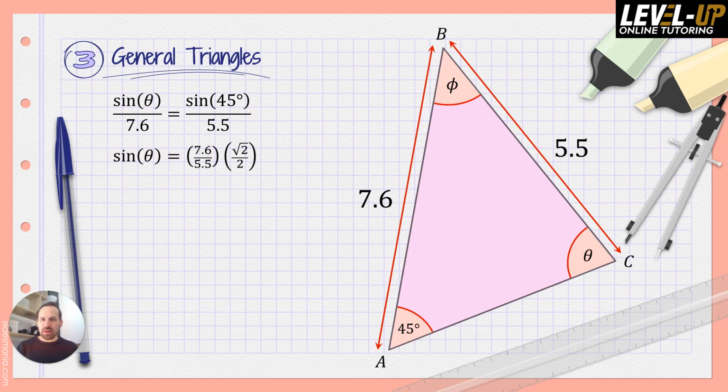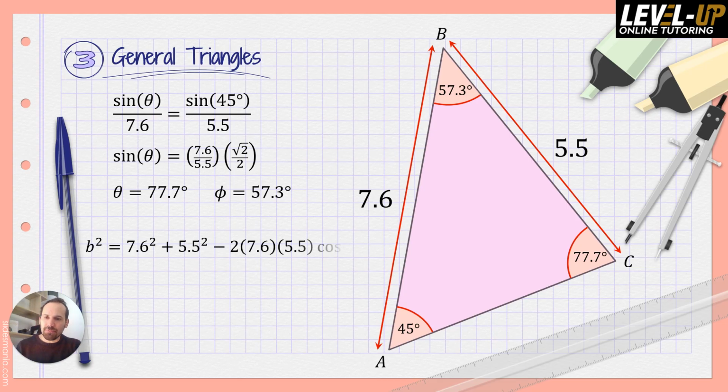So if we're applying the sine rule here, we have to use those combinations. Then we've got a little equation that we can solve. We calculate the right hand side, do the sine inverse of it, and it gives us theta, just as we did before. We could do the same thing for phi, but we don't really need to, because we can just use the fact that all the angles add up to 180.